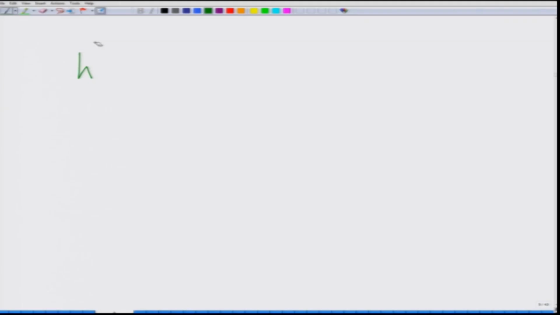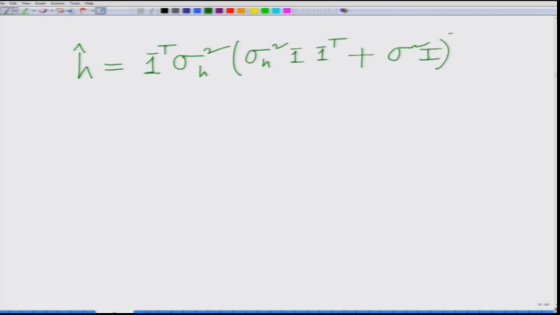H hat, that is the MMSE estimate of the parameter h at the fusion center, is 1 bar times sigma h square times [sigma h square 1 bar 1 bar transpose plus sigma square I] inverse times [y bar minus 1 bar mu h plus mu h].